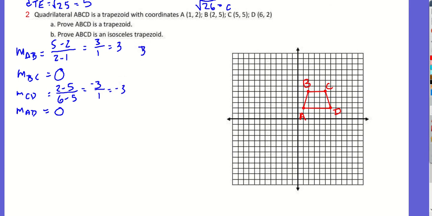So we can say BC is parallel to AD. Okay, slopes are equal. And we can also now say that AB is not parallel to CD. Okay, slopes are not equal. And then we can go ahead and make our statement here.